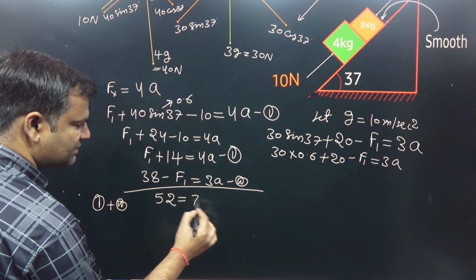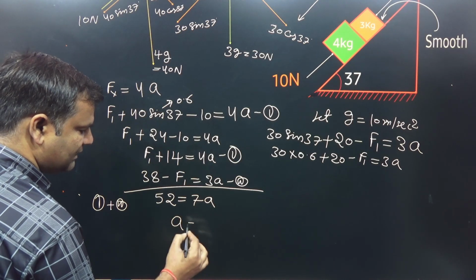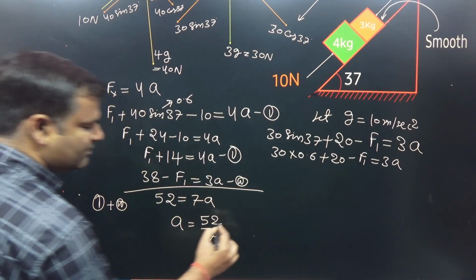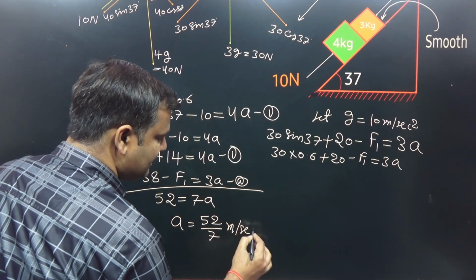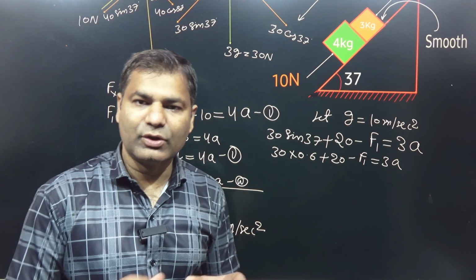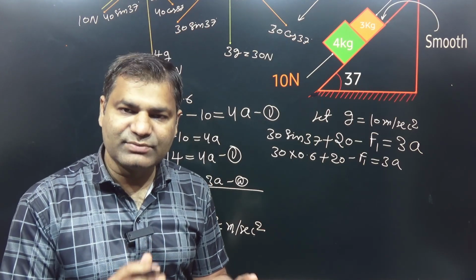This will be equal to 7A. So what about A? A equals 52 divided by 7 meter per second square, which is positive. It means your assumption is right. We got A positive, so your assumption is right.